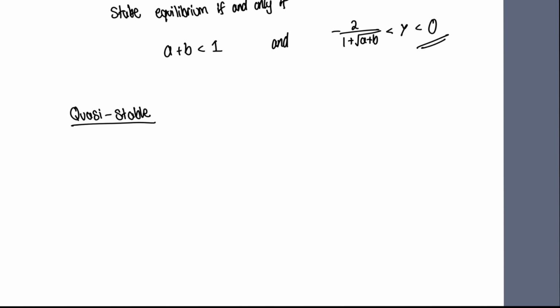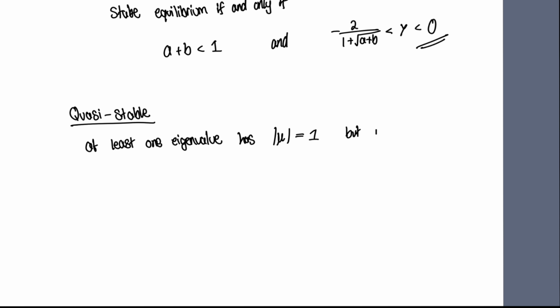So from before, this required at least one eigenvalue that has the mod of it equaling 1, but none can be greater than 1.